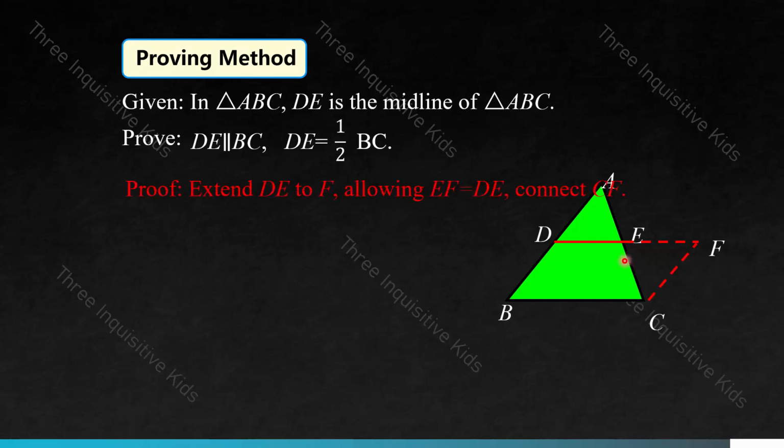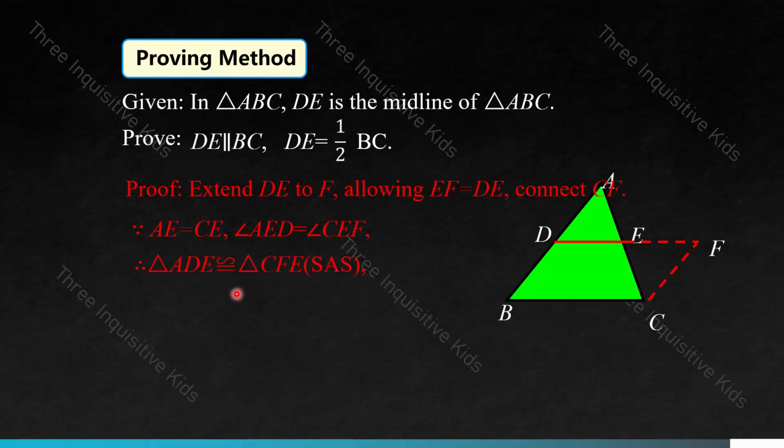Well, here is our proving solution. We can first extend DE to F, allowing EF to equal DE, connecting CF. Since AE is equal to CE and angle AED is equal to angle CEF, we know that triangles ADE and CFE are congruent.